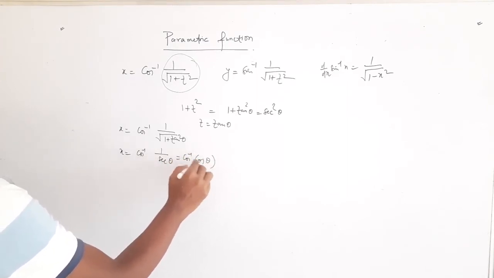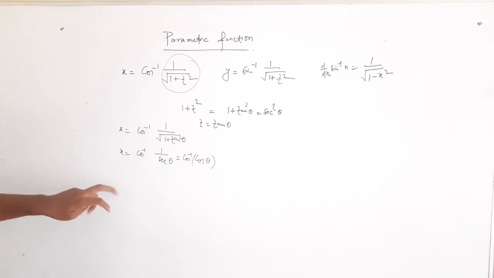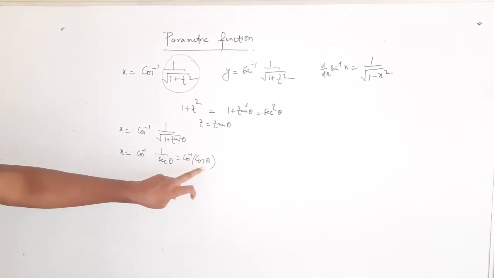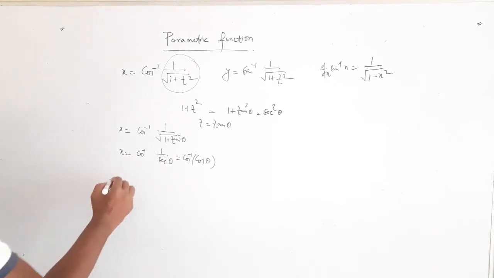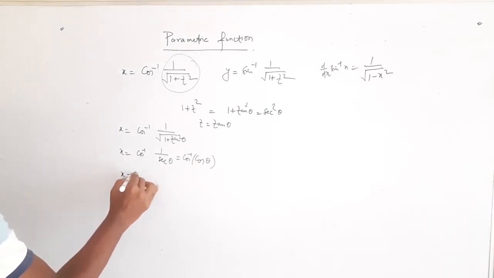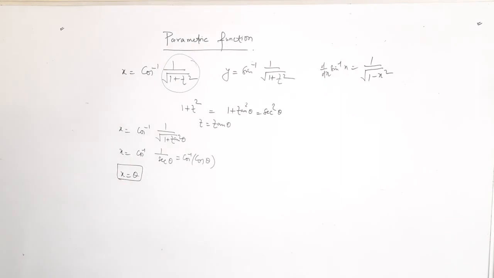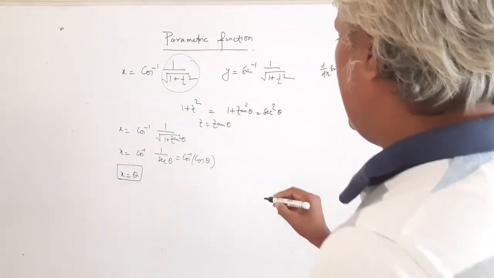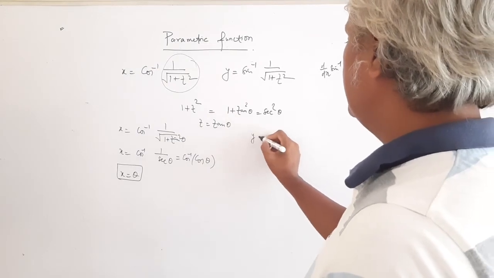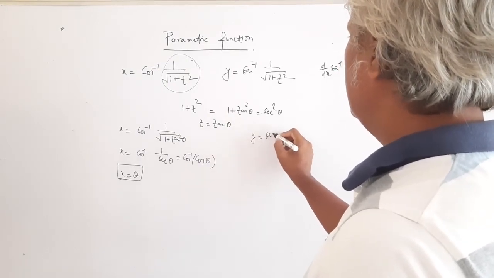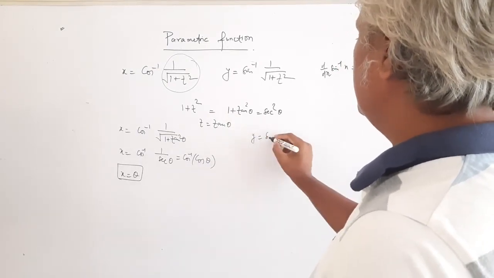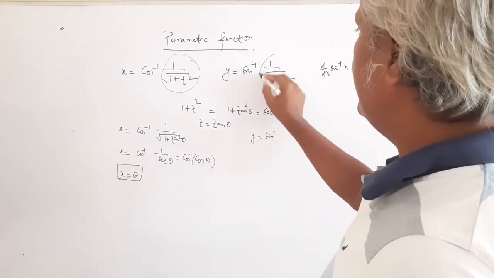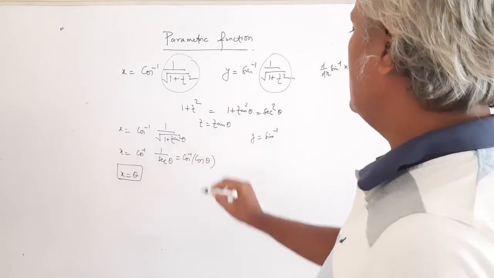And if you have studied inverse trigonometric functions, then you must know that cos inverse cos theta is nothing but theta. Then what is your x? X is theta. Okay. Now I do the same thing here. Then I have my y as sine inverse, and you know that this part is giving you cos theta.